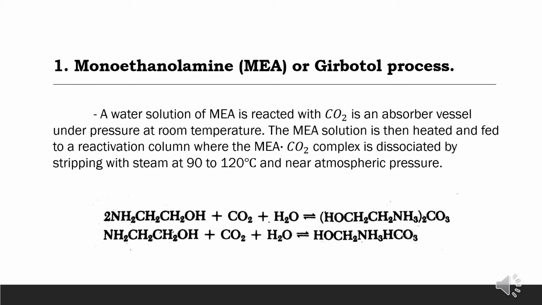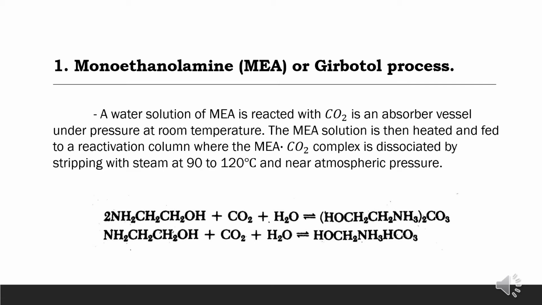The MEA solution is then heated and fed to a reactivation column where the MEA-CO2 complex is dissociated by stripping with steam at 90 to 120 degrees Celsius and near atmospheric pressure. The CO2 and steam leave at the top of the reactivation column and the regenerated solution leaves at the bottom. It is cooled and pumped back to the absorber. As we can see, the chemical reactions involved are here in this slide.